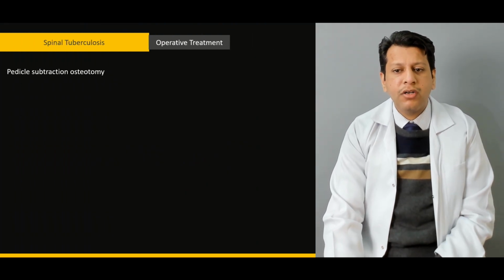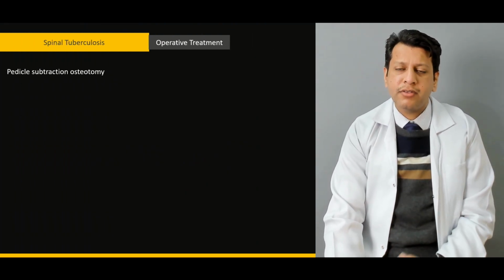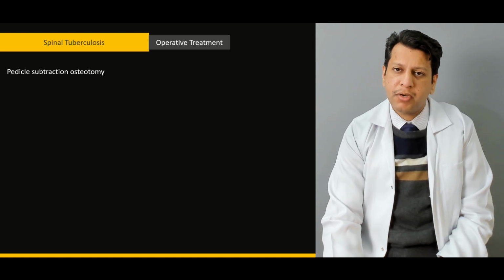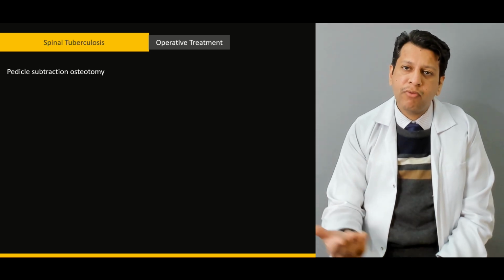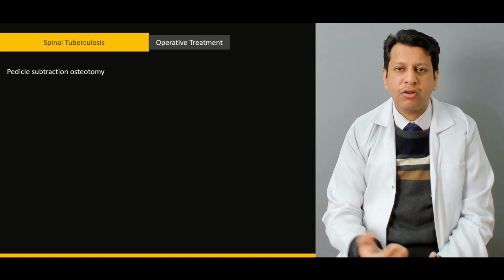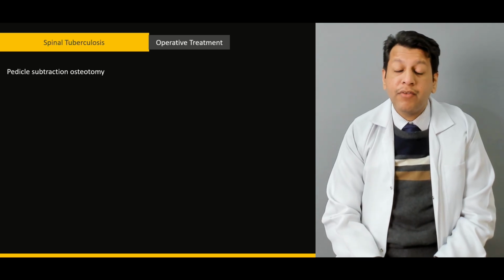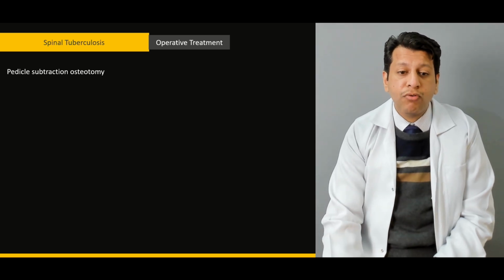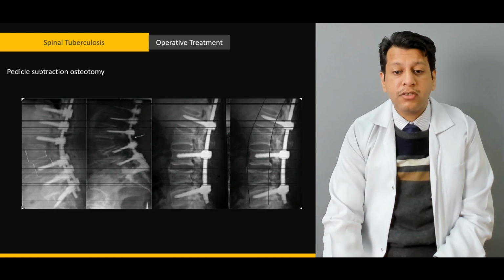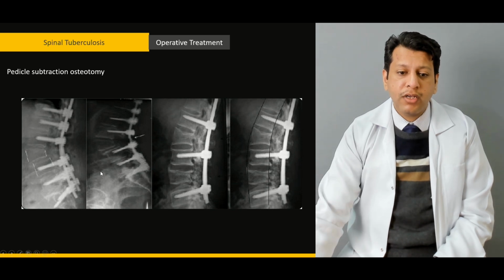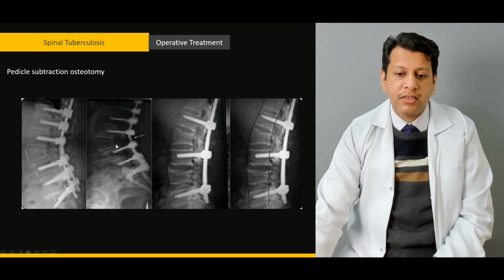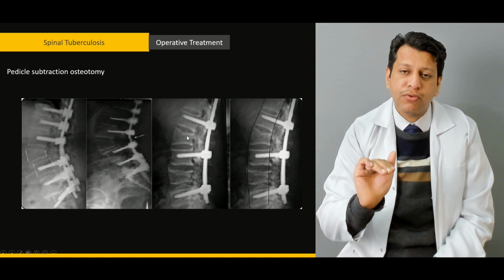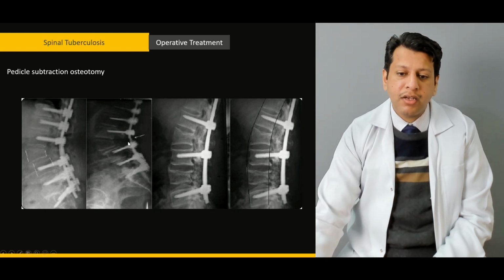Now, different operative treatment may be used depending upon which level of the spine is involved. If the cervical spine is involved, we can go for halo traction or cervical orthosis in the form of a hard collar. If there is excessive thoracic kyphosis, we may have to go for some form of pedicle subtraction osteotomy. If you see it over here, what they've done is they have removed the pedicles, and they have stabilized the spine posteriorly so that it does not go into kyphosis once the pedicles have been removed.